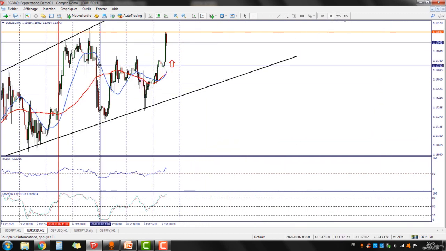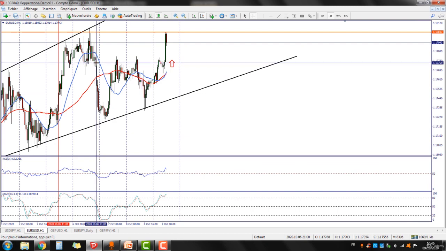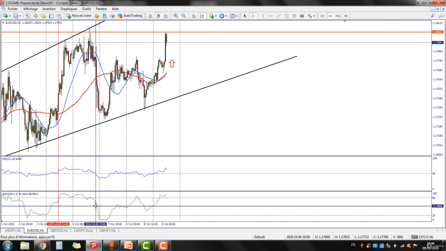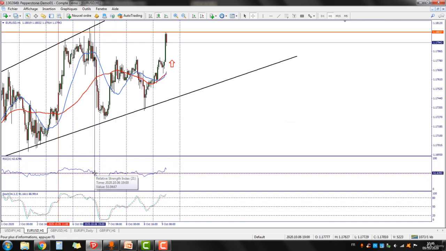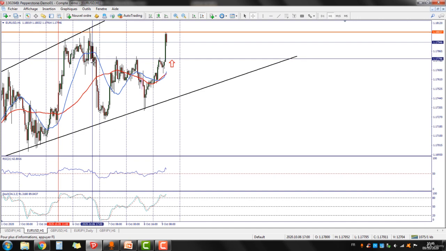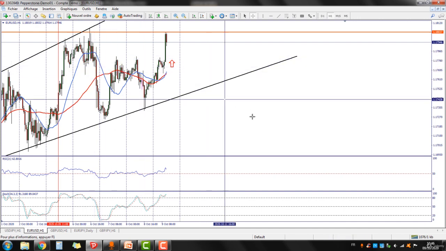Let's confirm this. At 21, the market here is still above 50. Here also it's still above 50. Here also the market is still between the two moving averages.